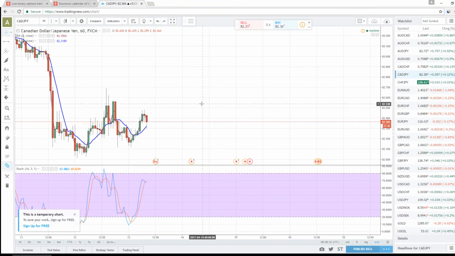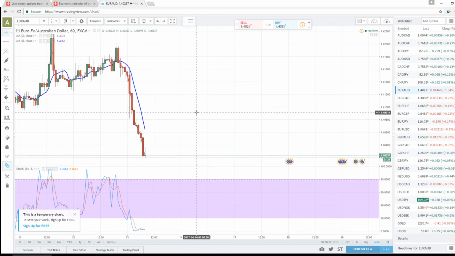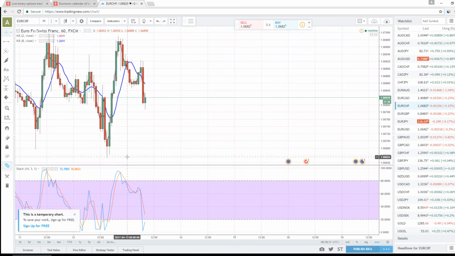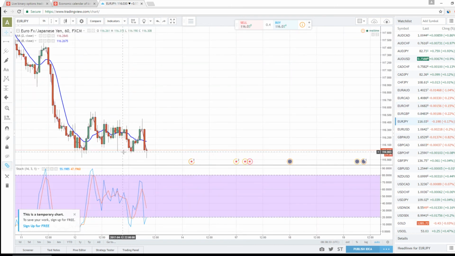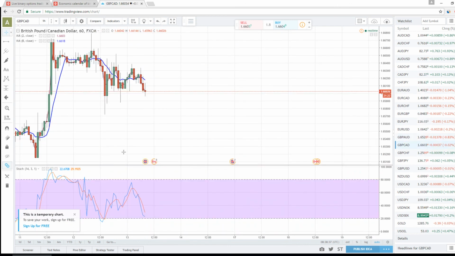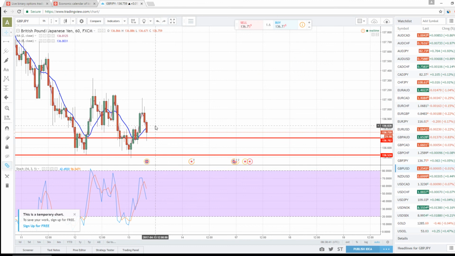Okay, Canadian, within the 1 hour time frame, also not that interesting. Euro to Australian dollar, we see it was falling, and correction is pretty probable, but right now I cannot definitely say to enter there.